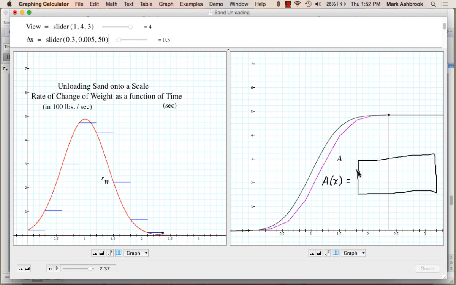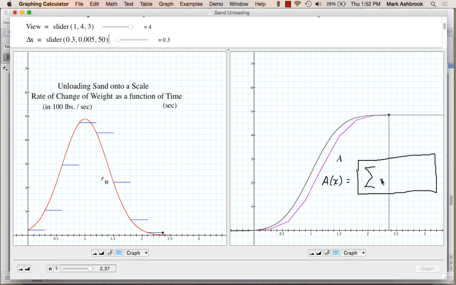But really, we can step back further than that. It's the accumulation over many intervals, right? And how did we find that accumulation over many intervals? Summation of what? The rate? Did we sum up rates? Is that what we did to get this accumulation function?